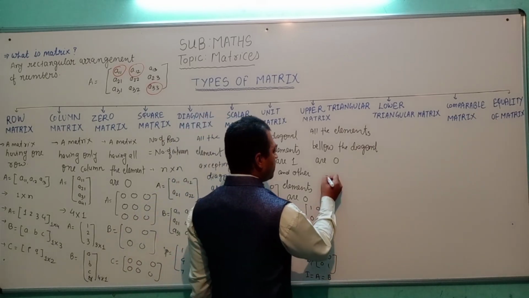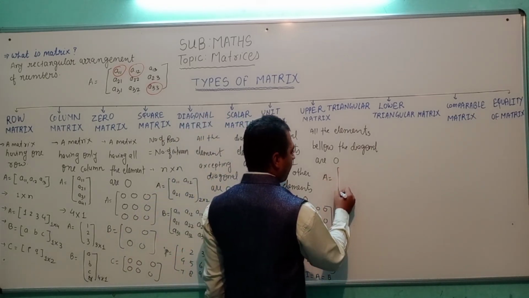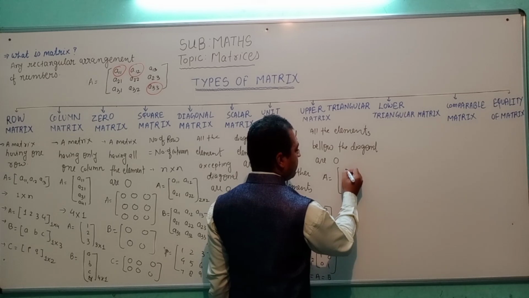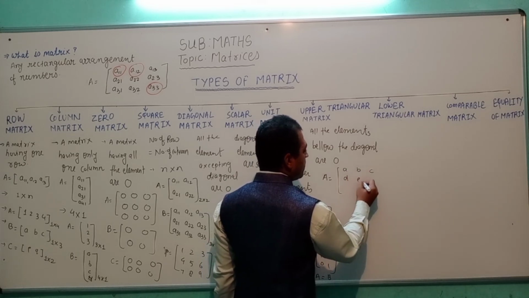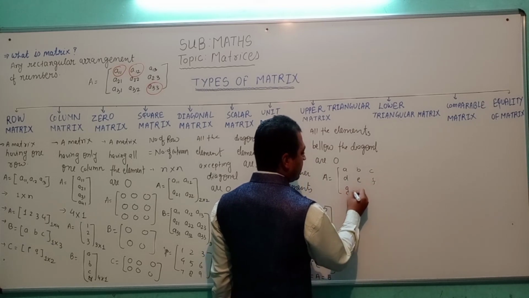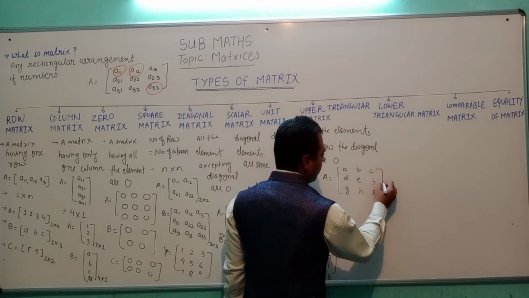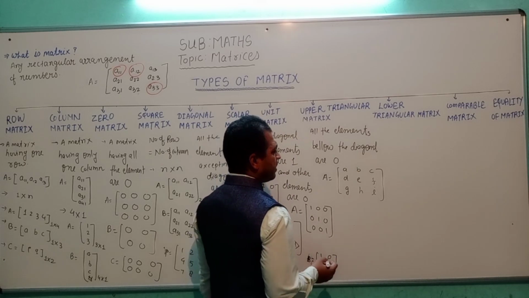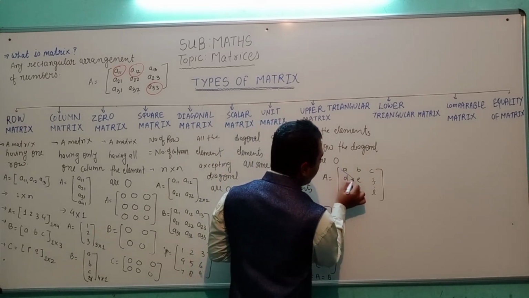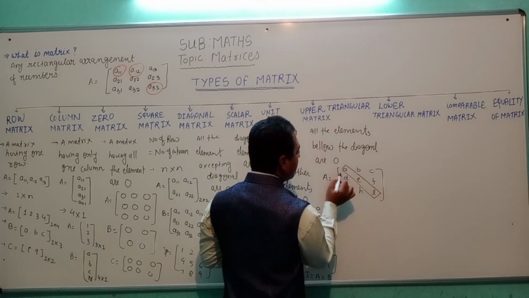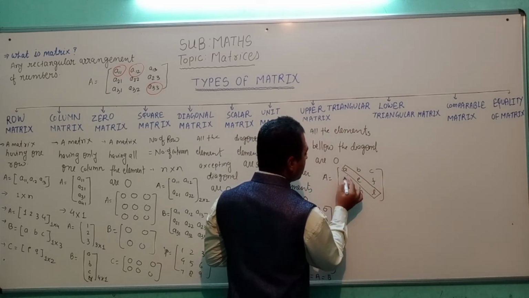See with the example. Suppose a matrix A having elements a, b, c, d, e, f, g, h, i. But as per the definition, the elements below the diagonal will be what? 0.